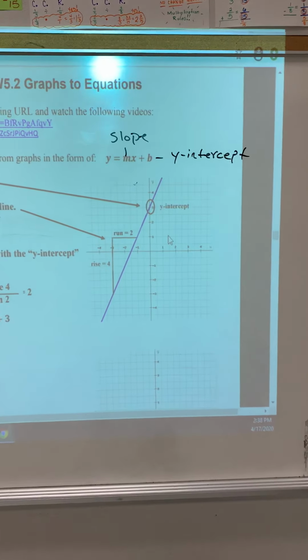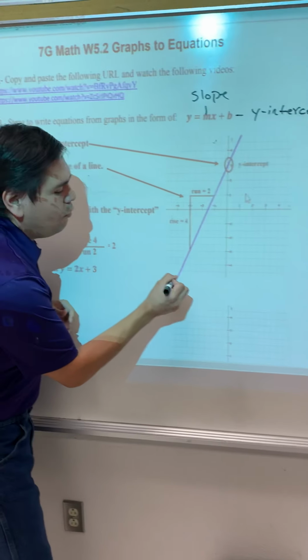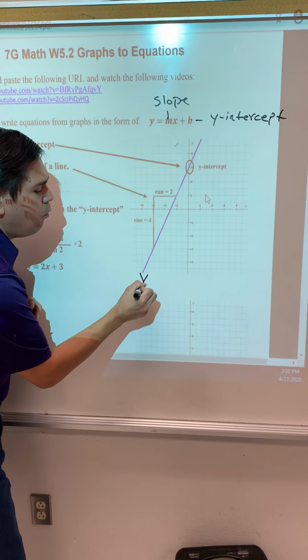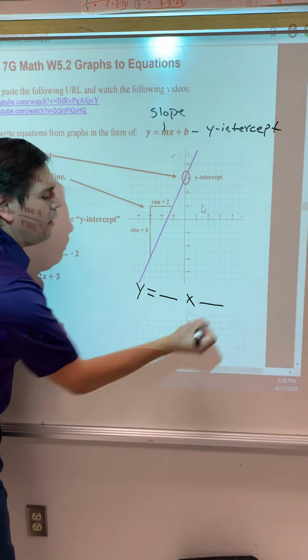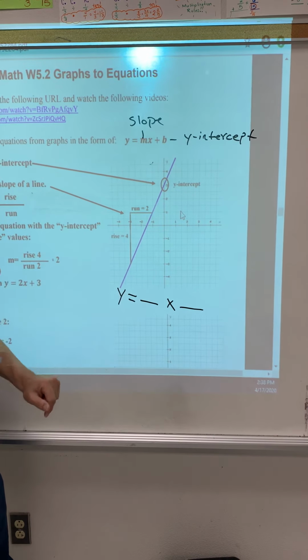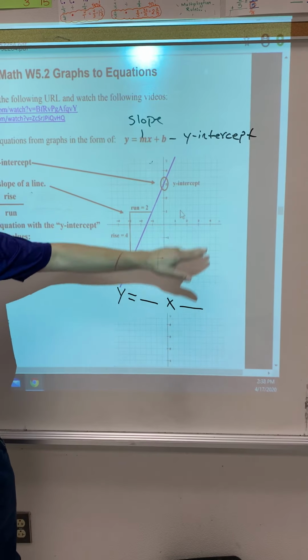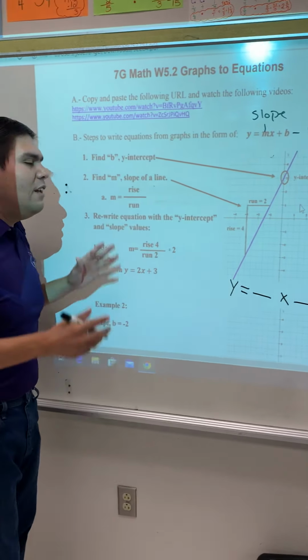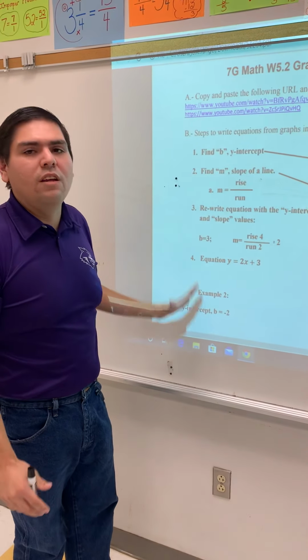What I tell my students to do is that whenever they have the graph, to basically write the equation of y equals blank x blank. Because the first blank, right next to your variable, is your slope, which represents your m, and the blank behind the variable is your y-intercept. So this is really simple. All you really have to do is follow these 4 steps you see.